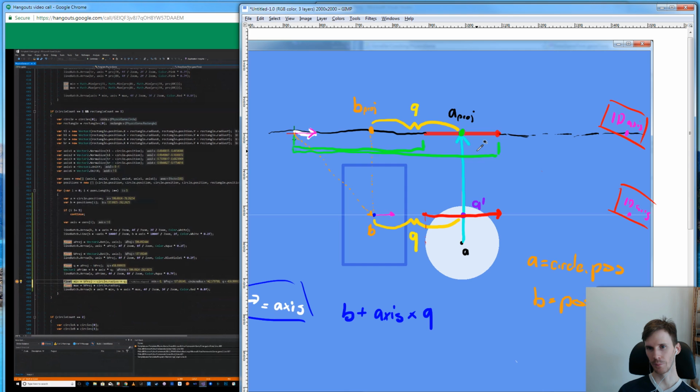What we're trying to do, basically, those green ones are what we have at the moment. I'm going to draw it in a different color. Let's go with sort of a yellowy green. So we have those distances there.